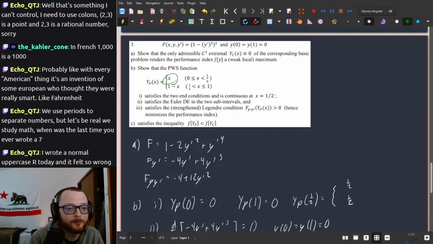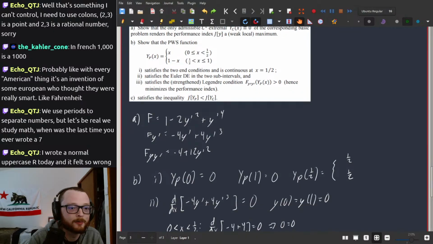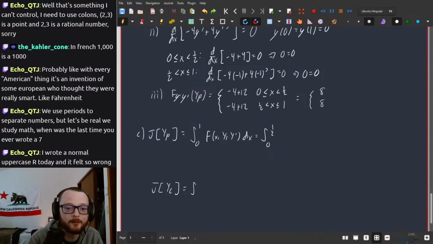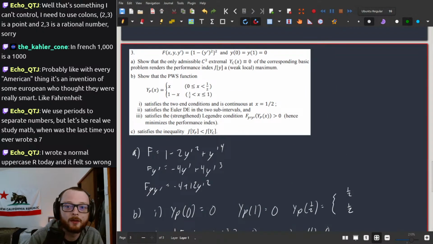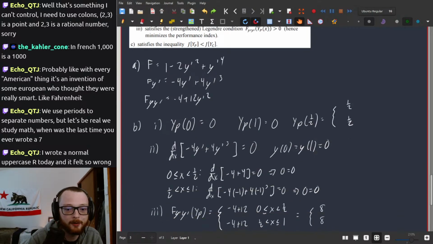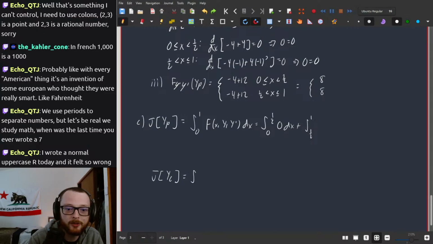In this interval, Y prime is 1, so it's 0. In this interval, Y prime is -1, which still zeroes out. Okay, 0 is a pretty dang good minimum, especially when you can't have negatives.